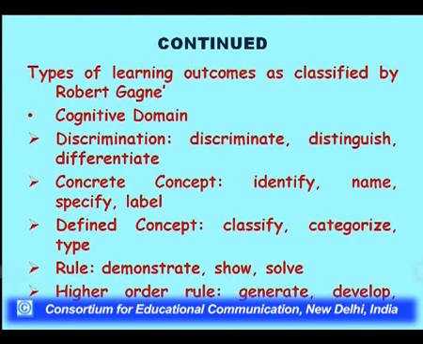But in addition to explaining, in addition to telling, he should also be able to distinguish it, differentiate it from other information. He should be able to identify, specify. These are the different words which I am giving to you. Classify, categorize. He should be able to solve certain problems.